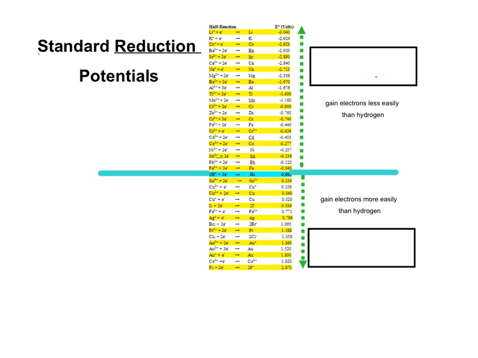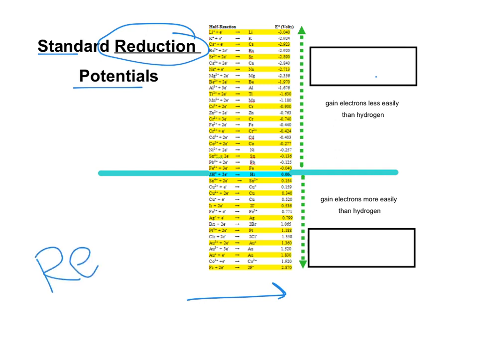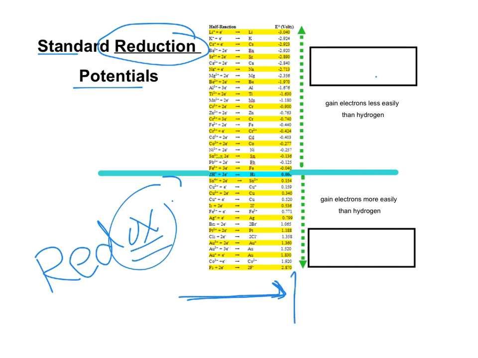Notice this is called the standard reduction potential. So every one is written with going down in charge, but we know that we're dealing with redox reactions. So why don't we have an oxidation chart? Well, that's because we can just simply flip the sign of the reduction potential to get our oxidation potential.